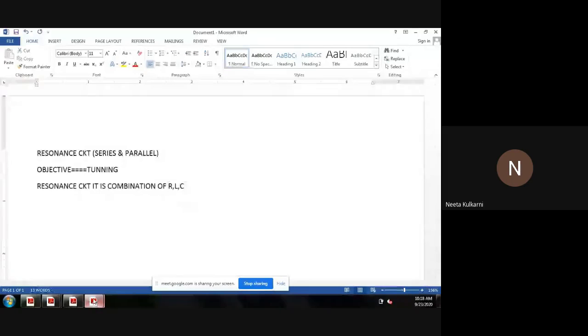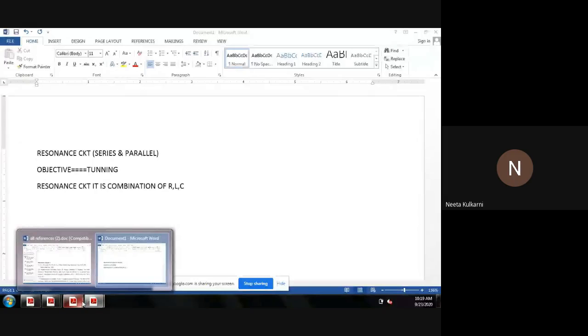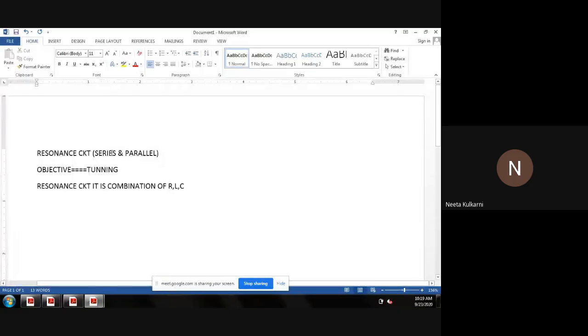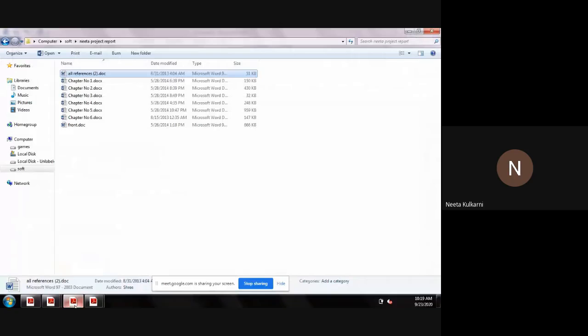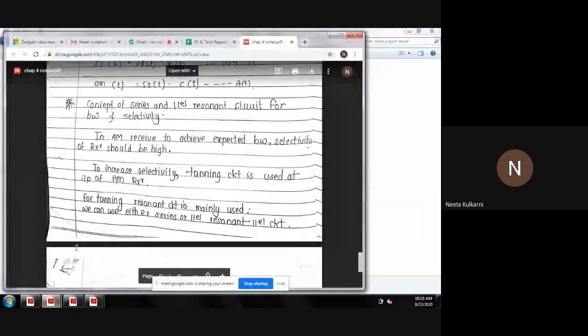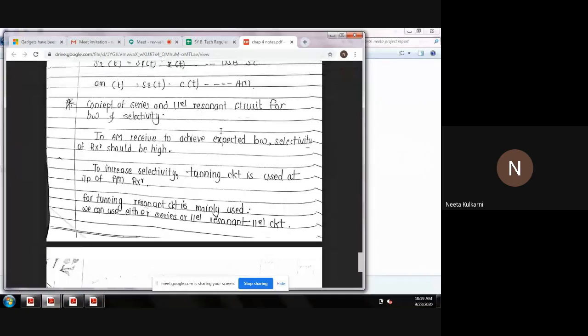Based on that we are calling that particular circuit a series resonance circuit or parallel resonance circuit. That is the concept of this point. Basic concept समजून घ्या. Are you getting that? Yes, ma'am. What is the objective to use the resonance circuit first? You tell me. RLC.